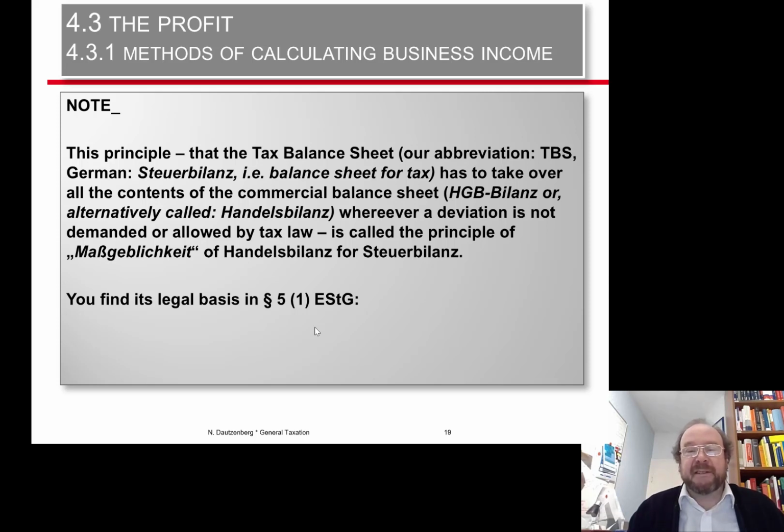Because if you translate it as the principle of orientation of Handelsbilanz or of Steuerbilanz by Handelsbilanz or something like that, or the principle of linkage between the two balance sheets, then somebody else translates it differently and you will end up in complete chaos.